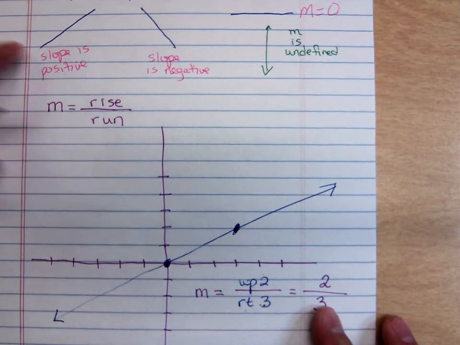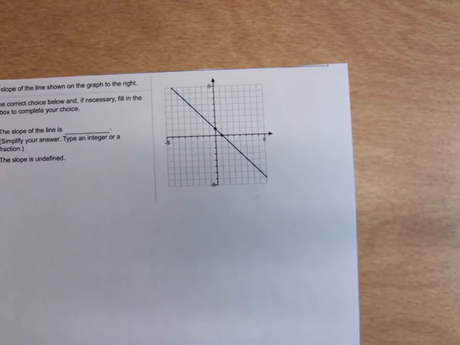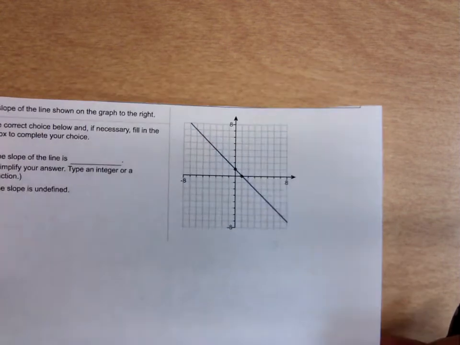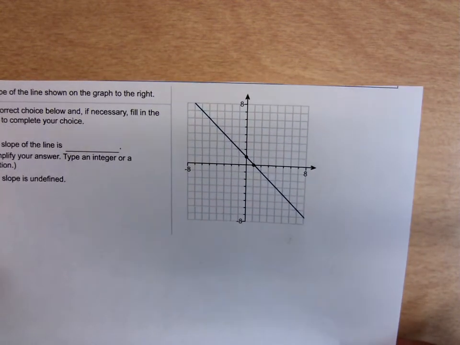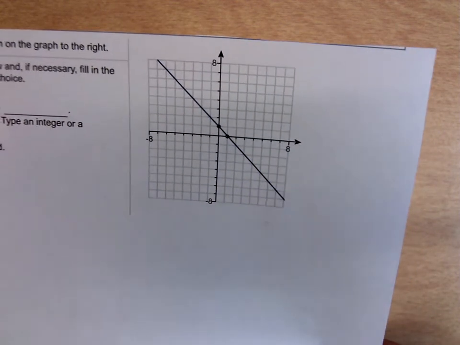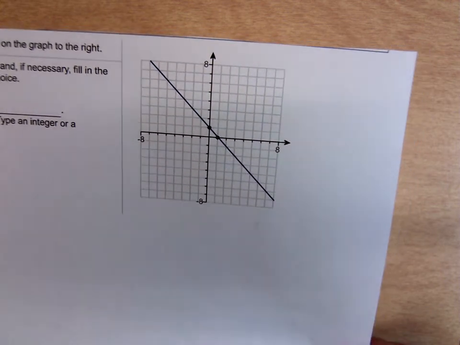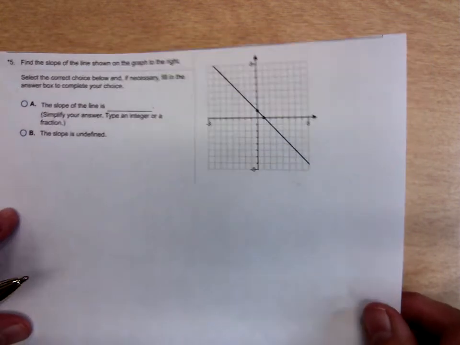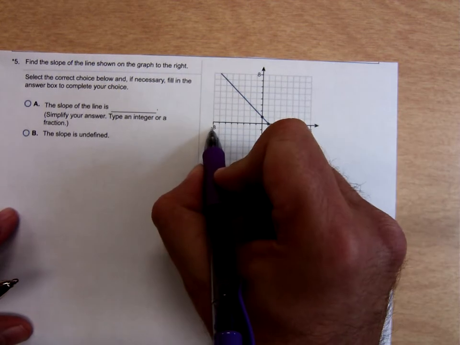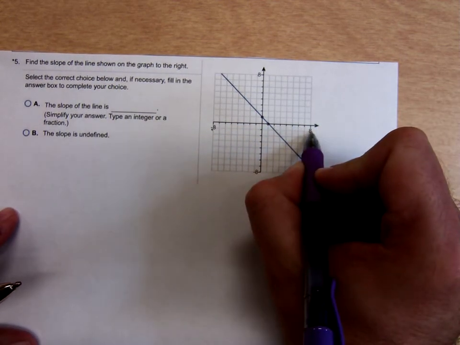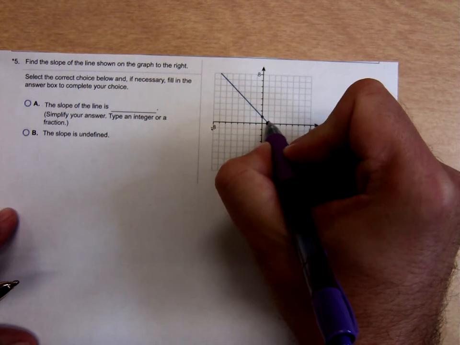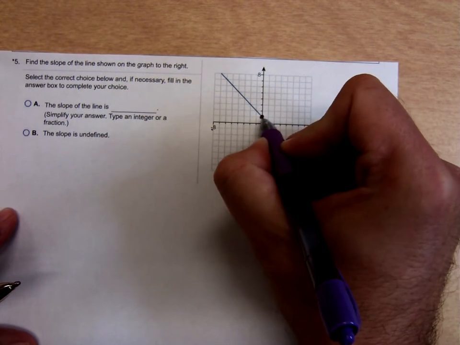Now, let's try to do this one here. It's a little bit bigger, but I still might need to zoom in. It says, find the slope of the line shown on the graph to the right. It's hard to even tell where the points are. This thing is scaled from -8 to +8, and there's a point here and here.